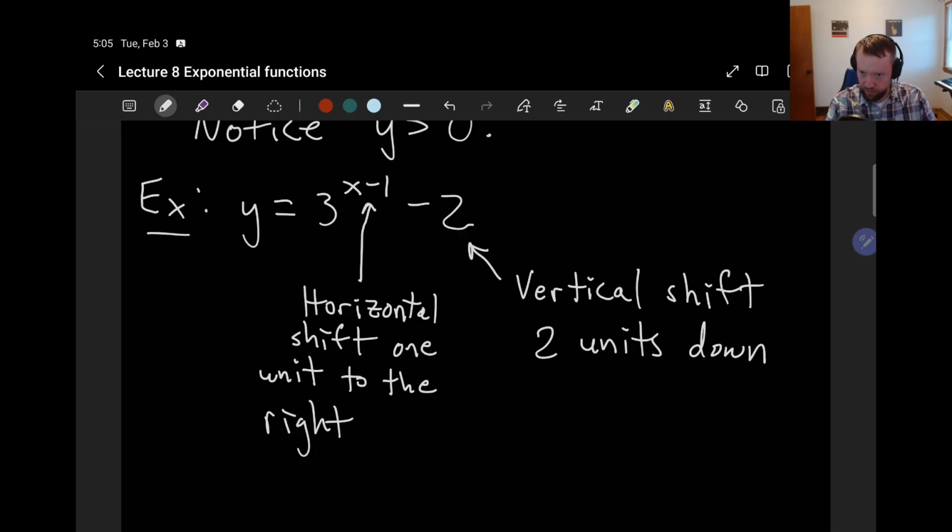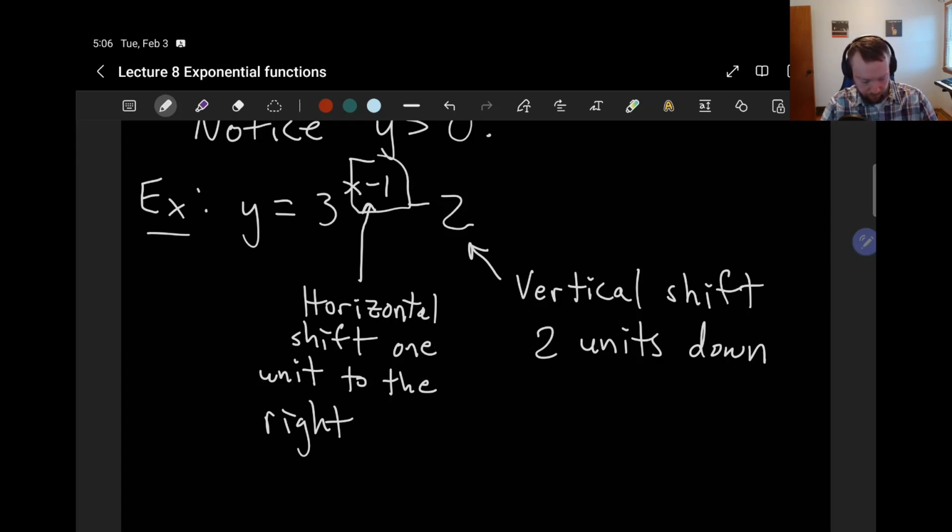Now, this is a little bit counterintuitive because it's a -1, and yet we're moving in the positive x direction to the right. That's just a hallmark of these horizontal shifts. You have to think a little bit backwards. Vertical makes sense. -2 means you go down.